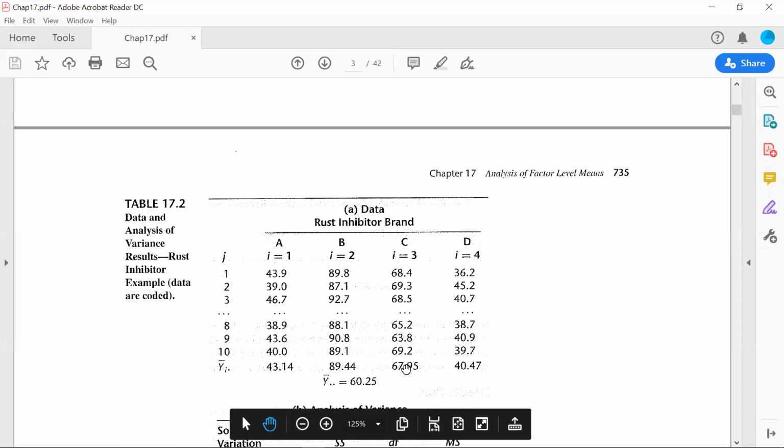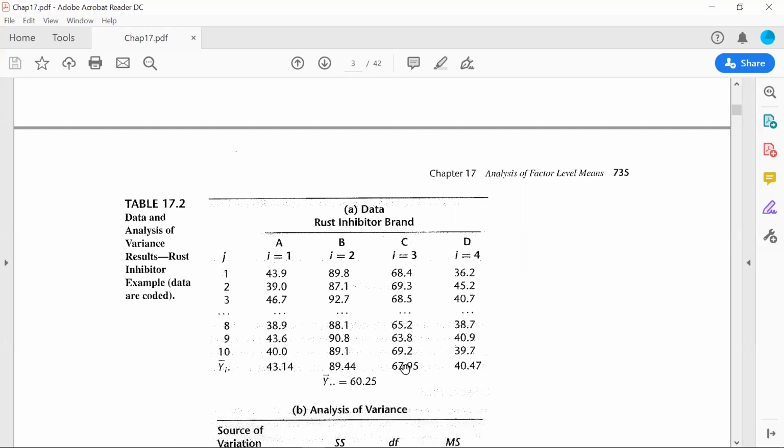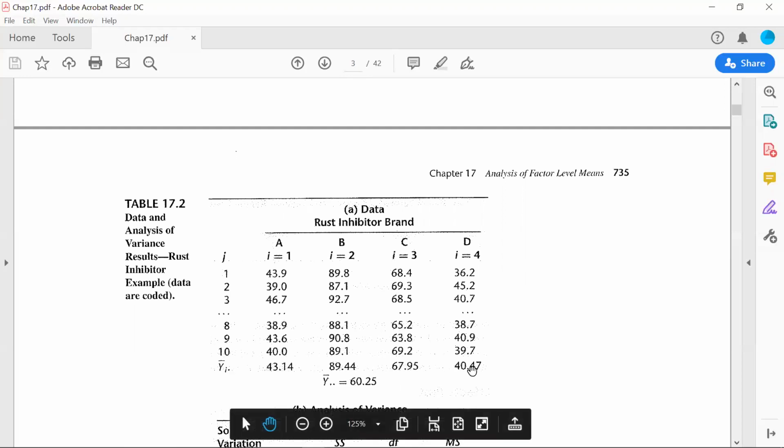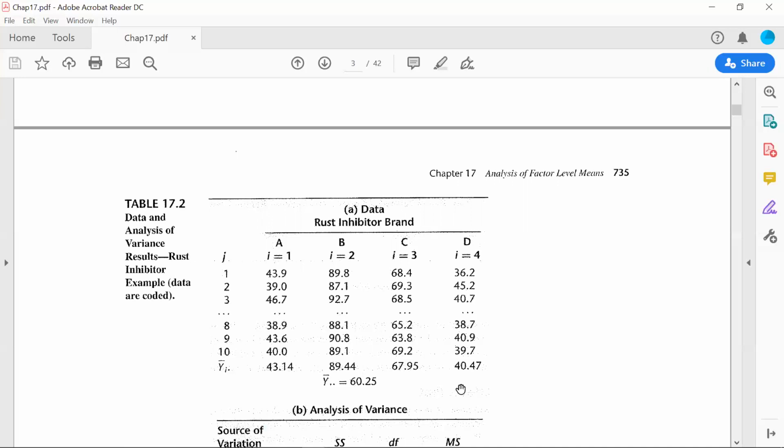Kind of like the Kent data, C is the next one. Now it looks like A and B are basically comparable with respect to inhibiting against rust. And it appears like A and D, kind of like design 1 and design 2 of the Kent data, are the worst.